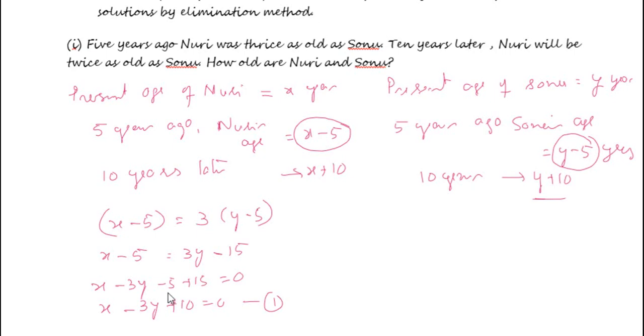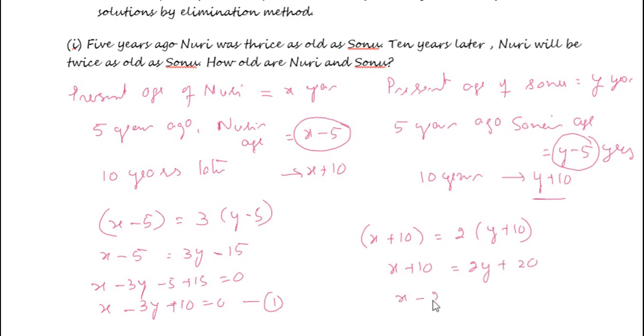Now equation 2. 10 years later Noori will be twice as old as Sonu. 10 years later Noori will be x plus 10, she will be 2 times Sonu, that is y plus 10. So x plus 10 equal to 2y plus 20.